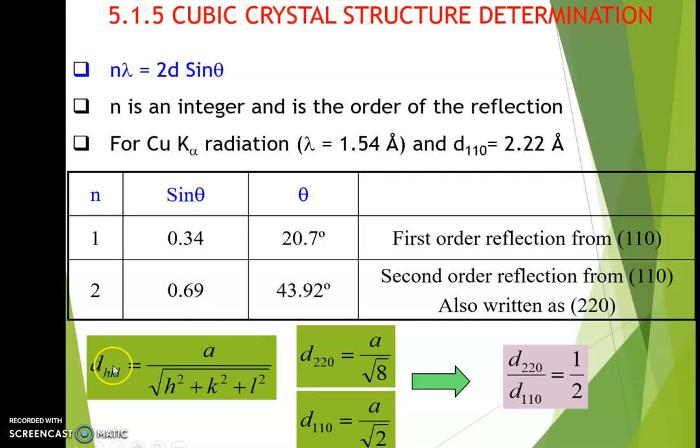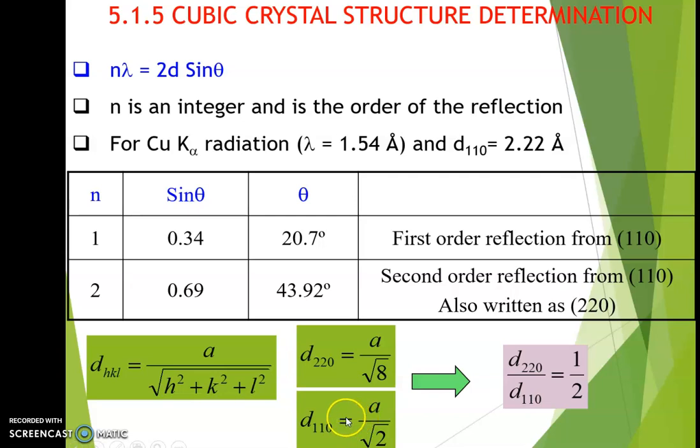Now we get the new formula for d_hkl, which is a over the square root of h squared plus k squared plus l squared. D220 will become a over the square root of 8.